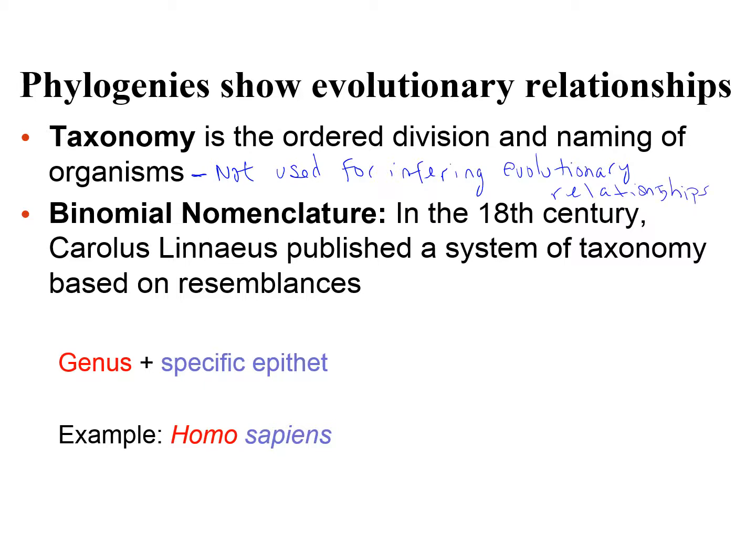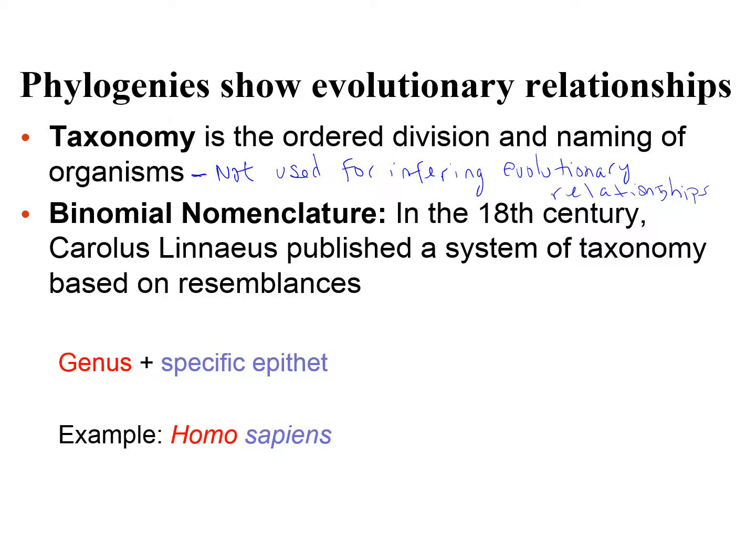With taxonomy, we categorize organisms into kingdoms, then phyla, class, order, family, and so on, so that each individual species will end up with its own specific epithet and a genus name. The genus can include more than one species. For humans, as an example, we are Homo sapiens.